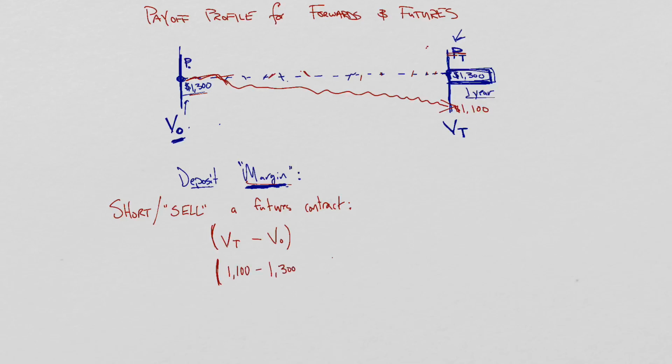But with a short position, I know that I should have made money. Like, I'm selling at 1,300 even though it's trading at 1,100. So there should be profit there, and that's absolutely correct.